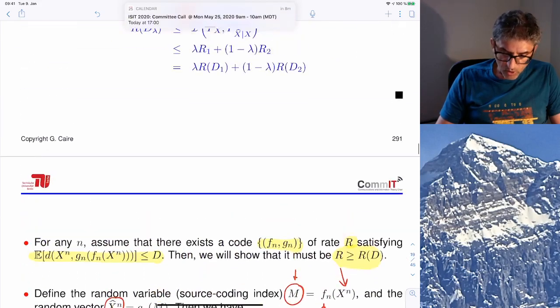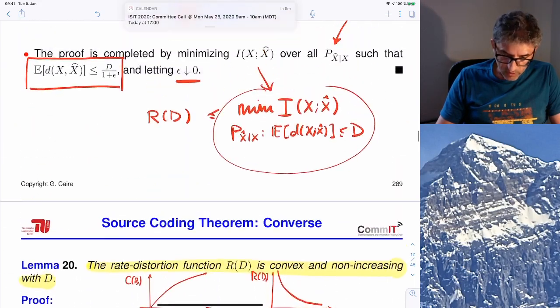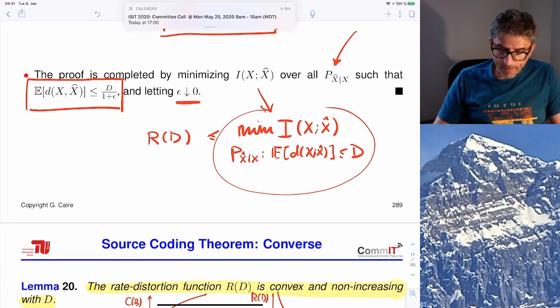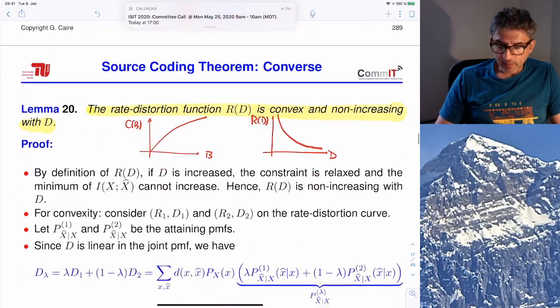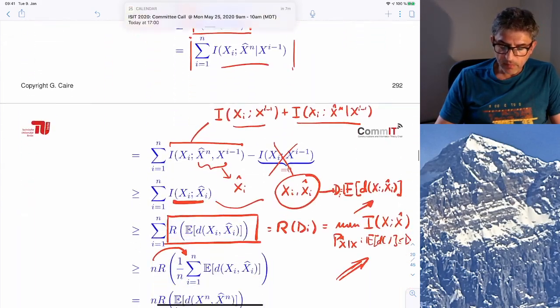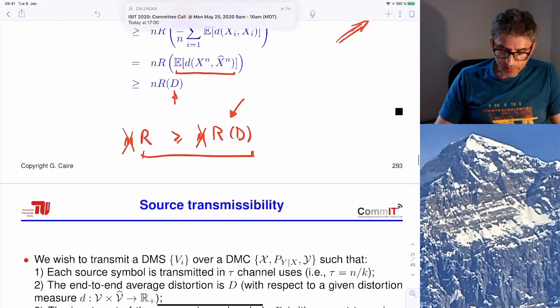So this coincides, of course, with what we have found in the achievability part, and therefore we conclude that the theorem is tight. Okay.